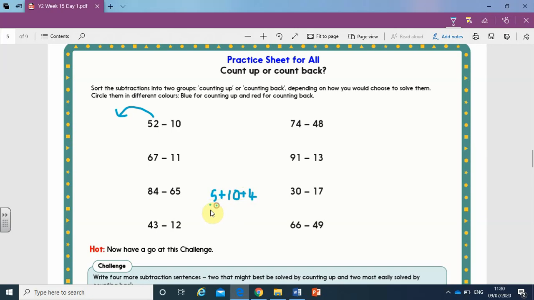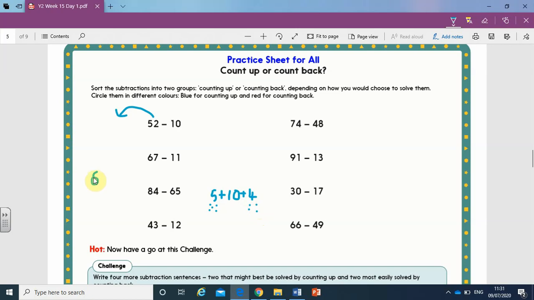You could even use a dot strategy under there if you wanted. 10, 11, 12, 13, 14, 15, 16, 17, 18, 19. So again, just different ways to show the same thing.